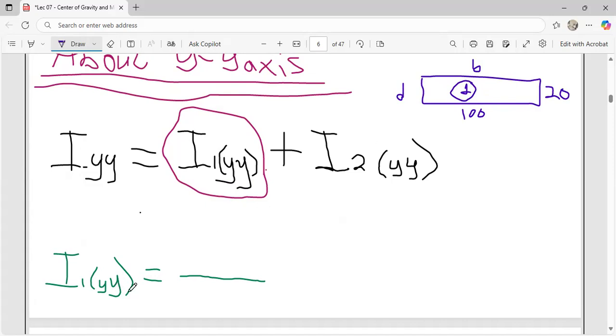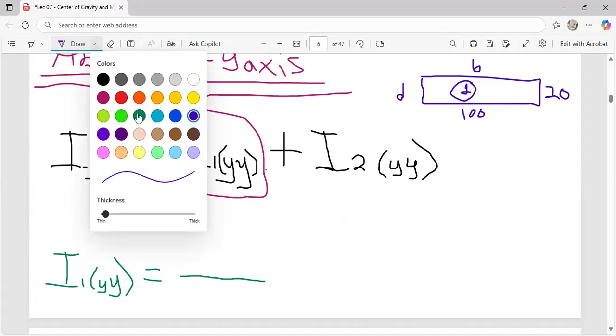So because we are in YY, the formula changes. It is no more BD cube all over 12. This time, because I'm talking about the moment of inertia in the YY of a rectangle, it changes to DB cube over 12. Take note of some of these petty things.